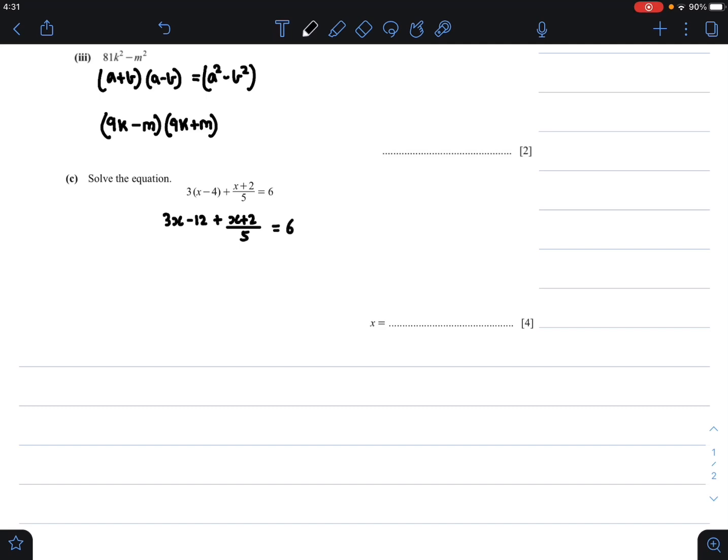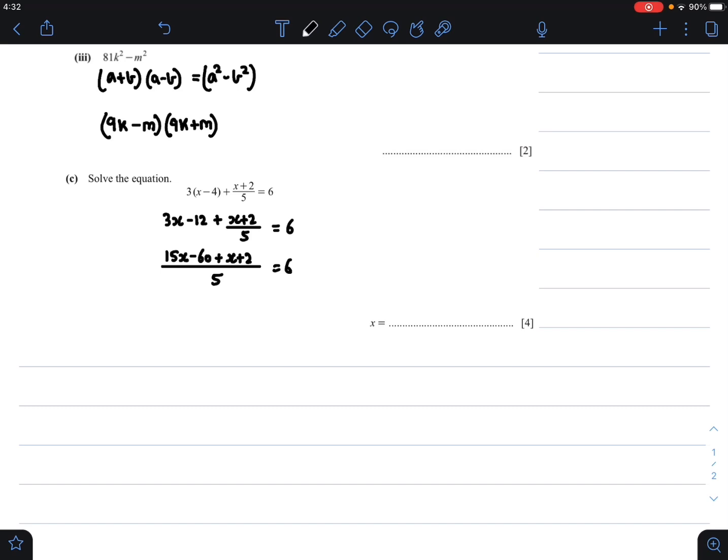Now let's take the LCM first. We'll multiply 3x minus 12 by 5. So 3x multiplied by 5 is 15x, and minus 12 multiplied by 5 is minus 60, plus x plus 2, the whole thing divided by 5, which is equal to 6.